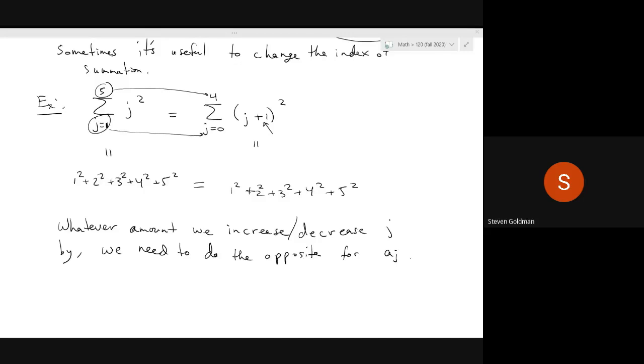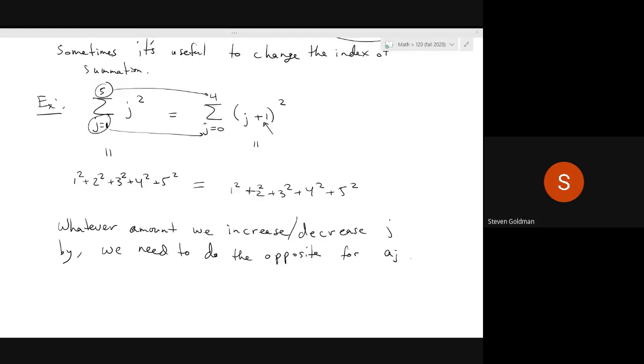Sometimes it happens that this is useful. One example would be, let's say you want to use a summation formula. We'll get to summation formulas soon. Summation formulas a lot of times require you to start your index at a certain number, like j equals 0 or j equals 1.